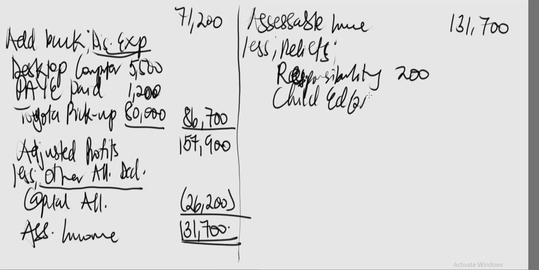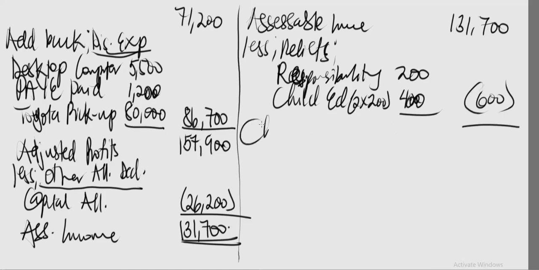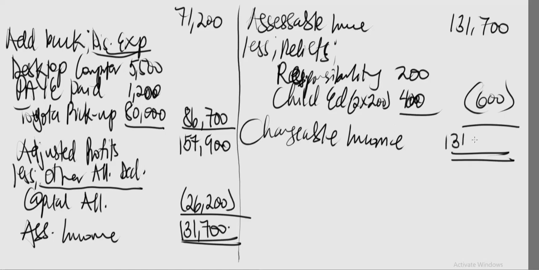So 2 by 200, so they have 400 cedis, that's 600 cedis. There was no other deduction in the question, so less 600. So we have 131,700 minus 600 cedis, 131,100. So that becomes our chargeable income.